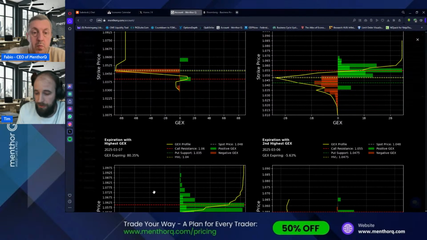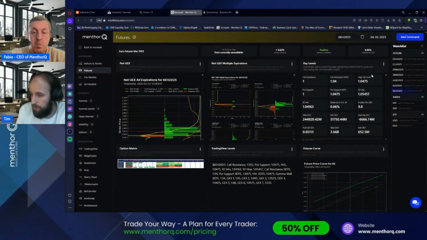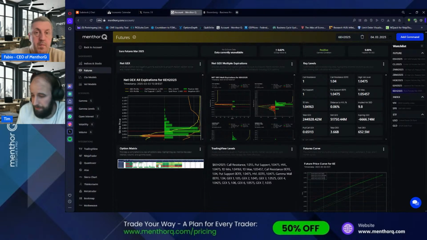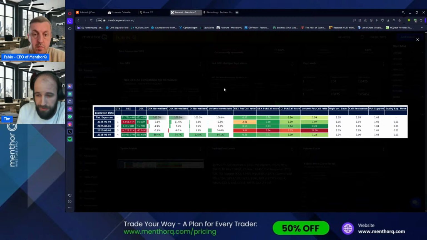And what's already obvious on the right side of this chart here, there's also the same area of 1.05. It's also shown on the left-hand side down here. So for yesterday, if we would have looked into it yesterday, we already know this is maybe an area where something could happen, right? Going over the options matrix again, we can see DEX is positive.